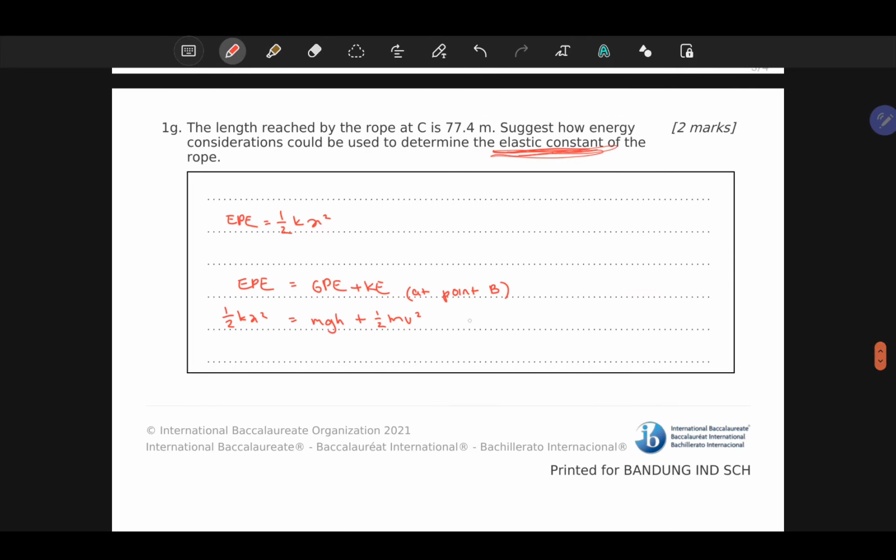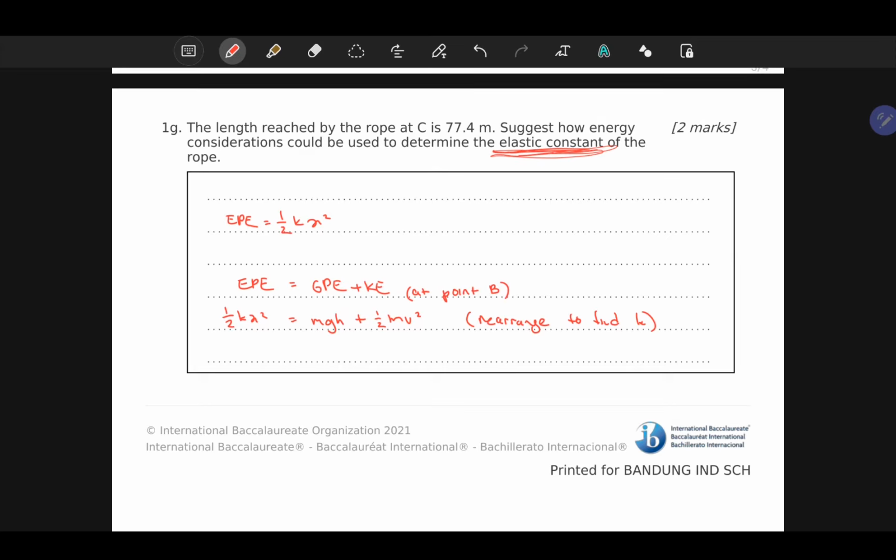And you can make a statement. You don't have to find it. I don't think you can find it. Maybe you could, but it's not worth it. That's not what the question is asking. It says, suggest how you could determine the elastic constant. So you could say, rearrange to find k. Something along those lines, worded better and written more in a finalized way, not so rough like this.